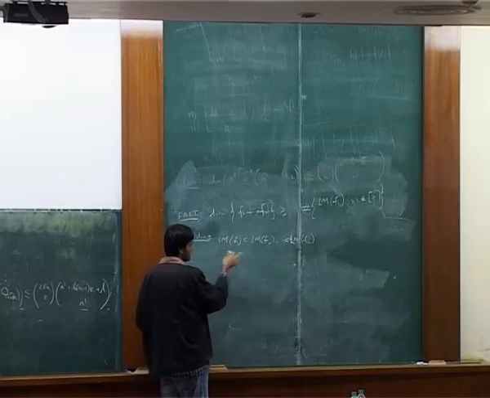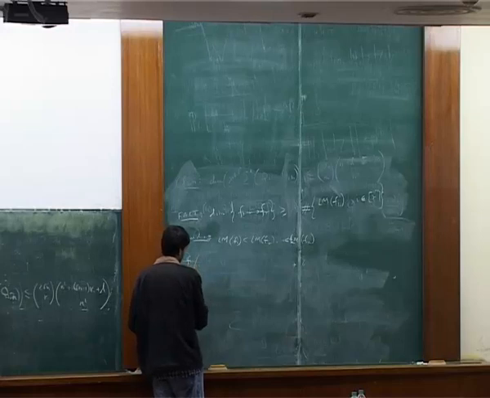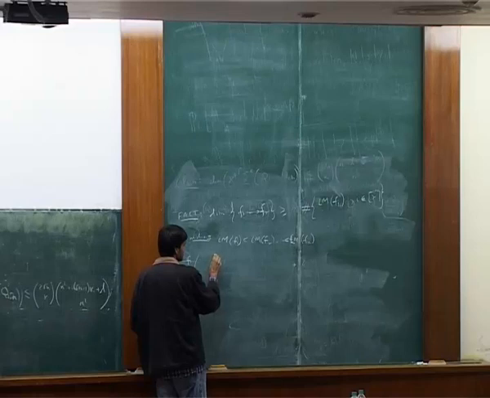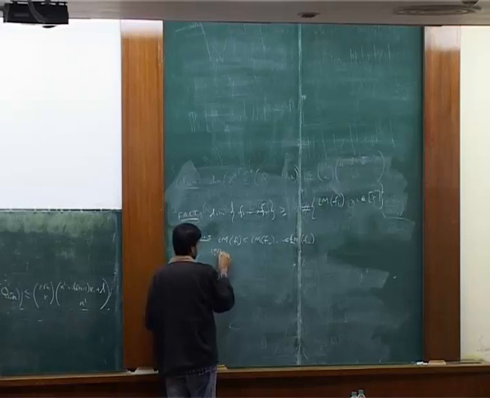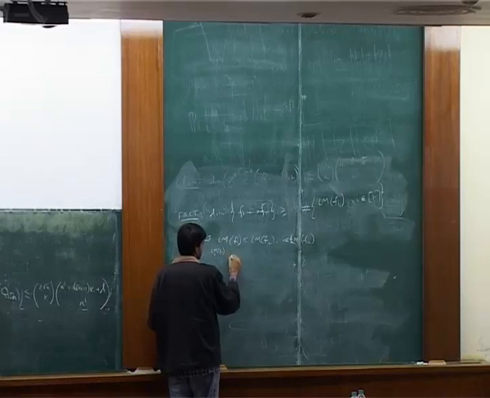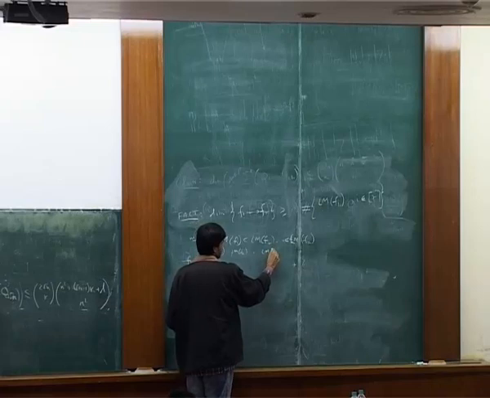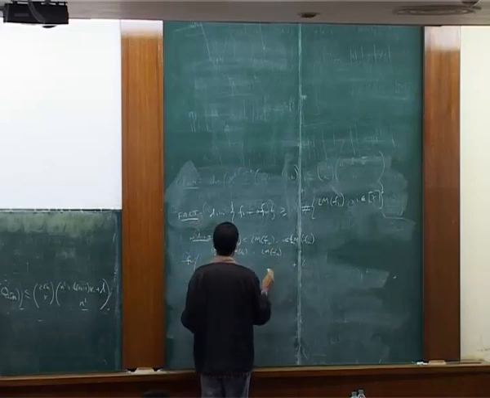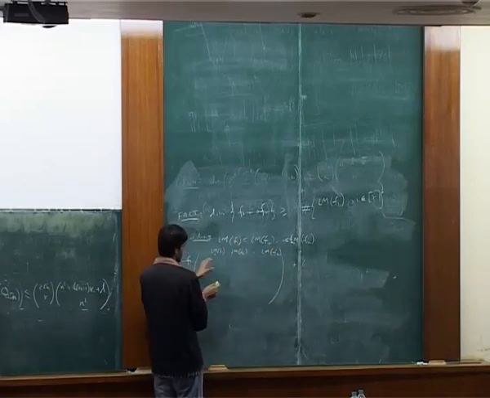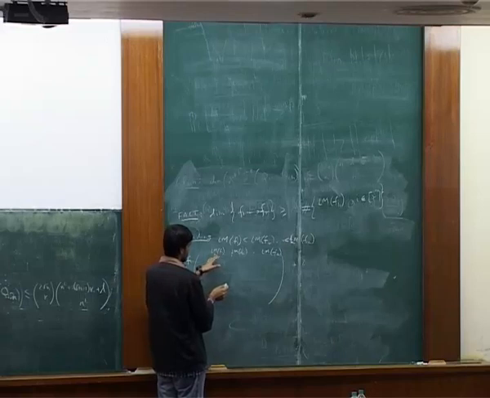So when you represent these polynomials as vectors, what you will observe is that the leading monomial of f1 is the smallest.